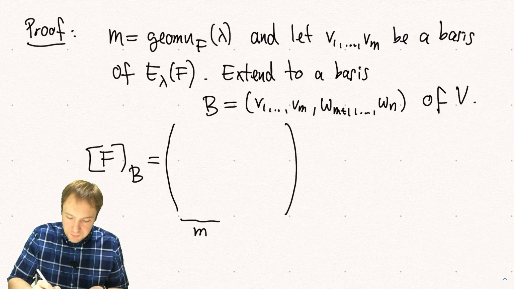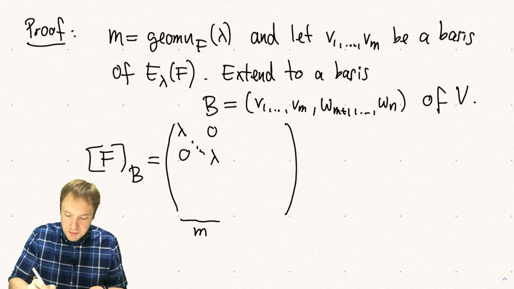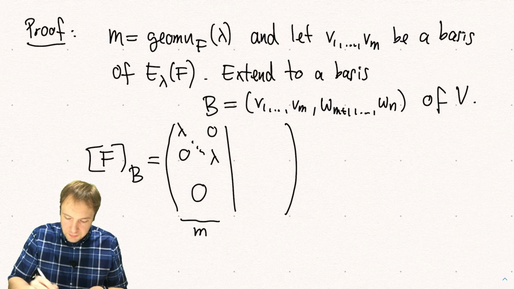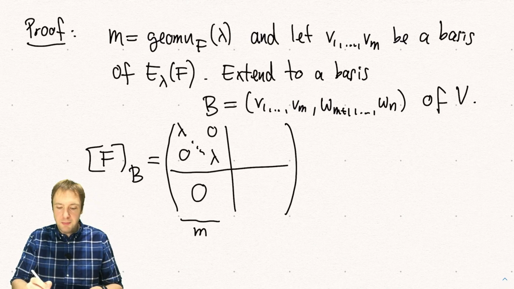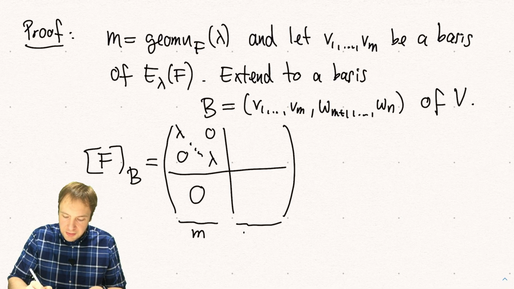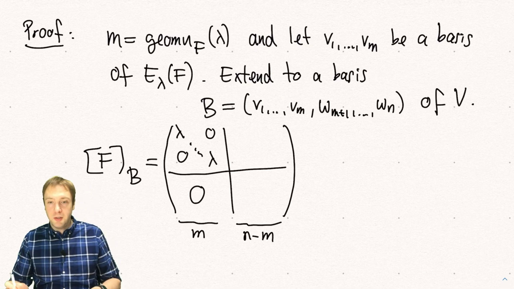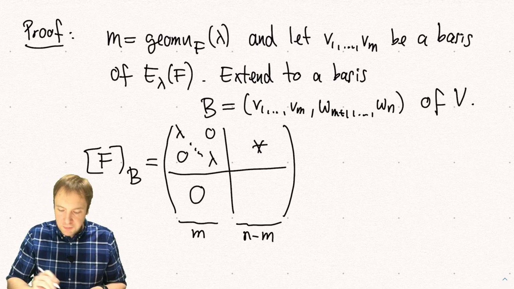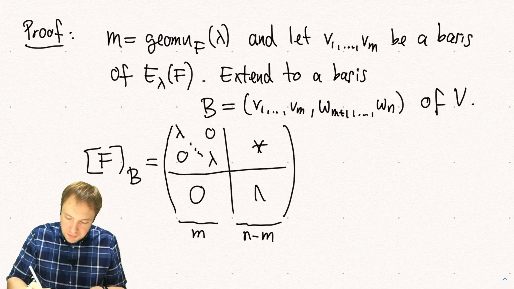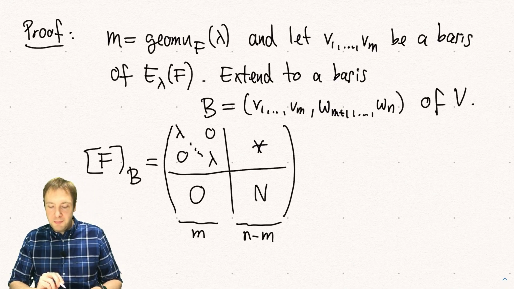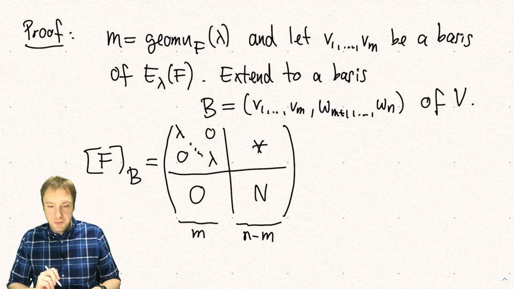So here I have the eigenvalue lambda on the diagonal in this m by m block, and below it I have 0. But still here I have n minus m columns, where I have something, and here I have an (n minus m) times (n minus m) matrix.